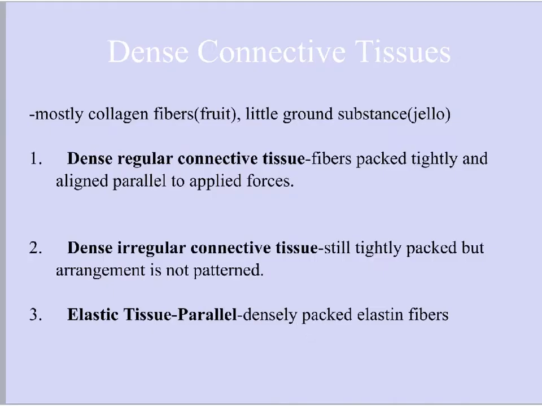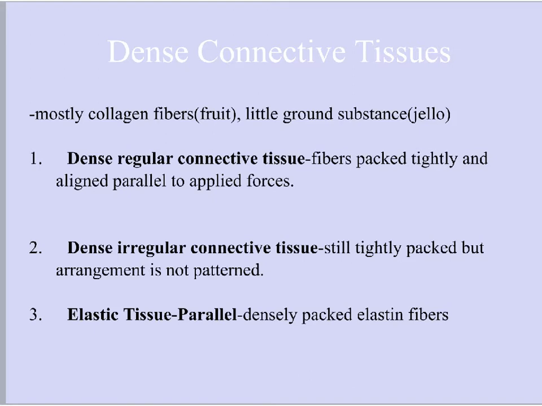So now we're moving away from loose connective tissue. So remember that the difference between dense connective tissue and loose connective tissue is the density of the fibers. So in dense connective tissue in general, the fibers are going to be much more densely packed.